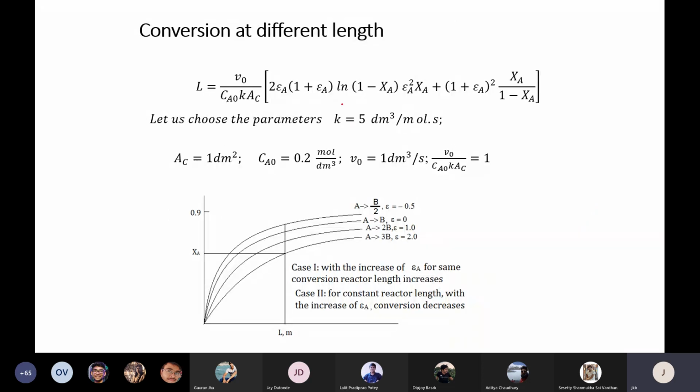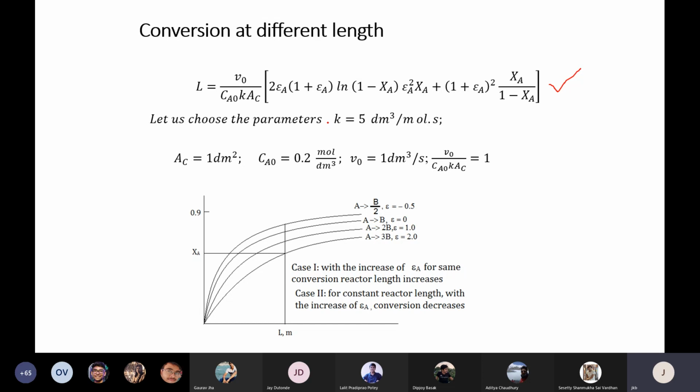Substitute here. Then write in terms of length of the reactor, length as a function of conversion. So this is another form of the integrated form. So reactor length, how this will vary with conversion and epsilon, we can observe here.